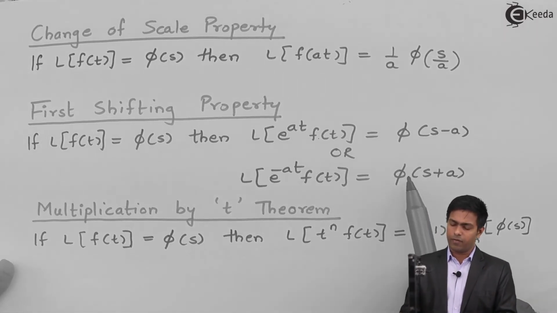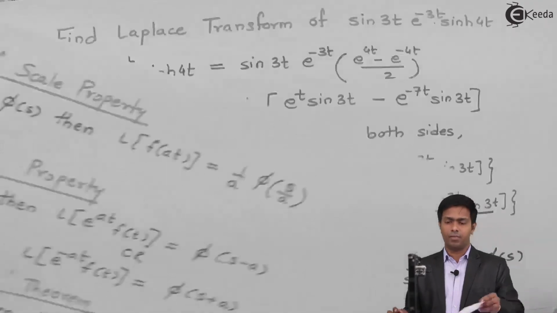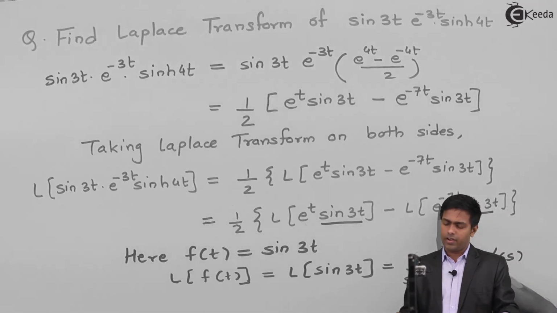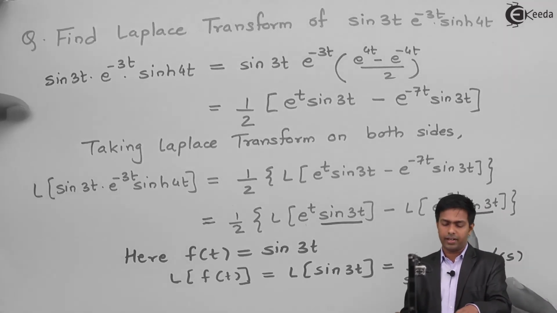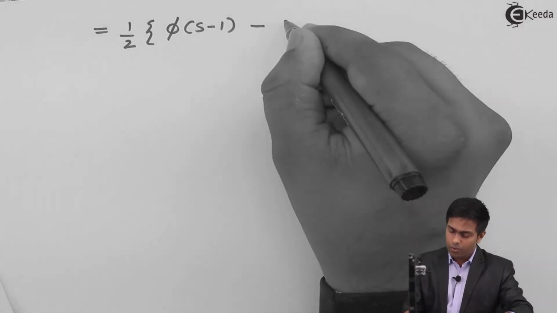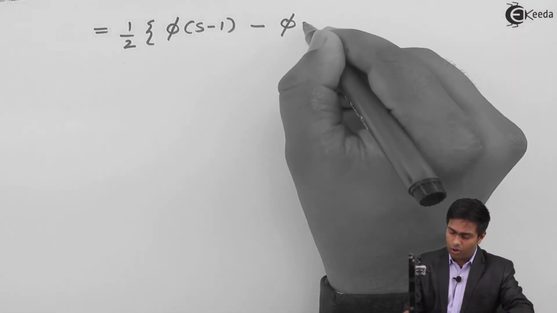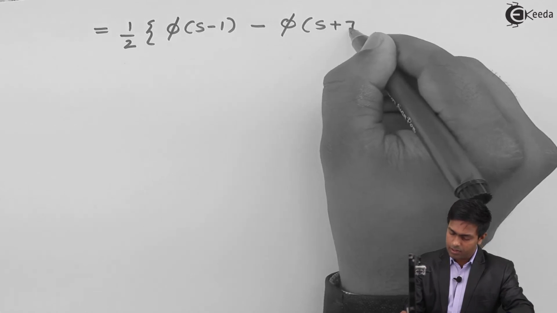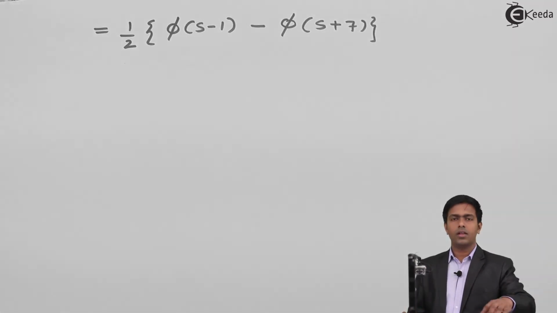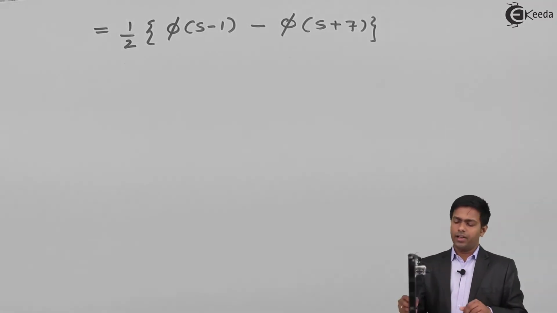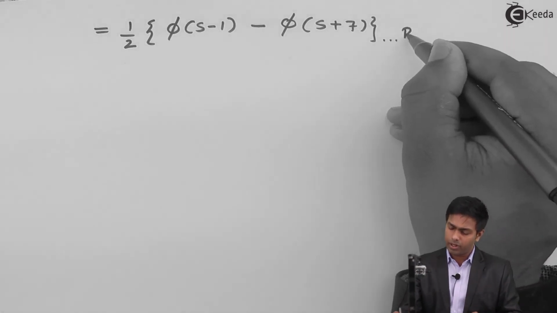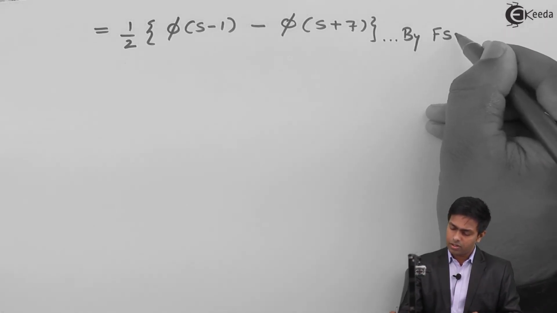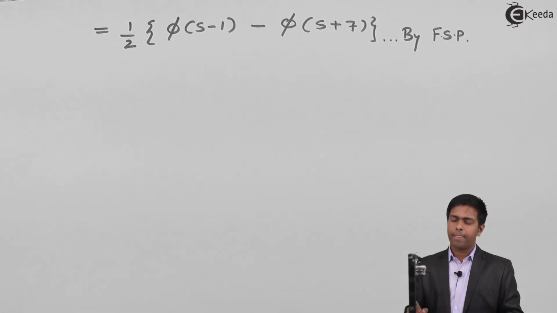So that will become function of s plus 7, since here we have minus 7. So I'll write that it is equal to function of s plus 7. So now I've applied the first shifting property here.